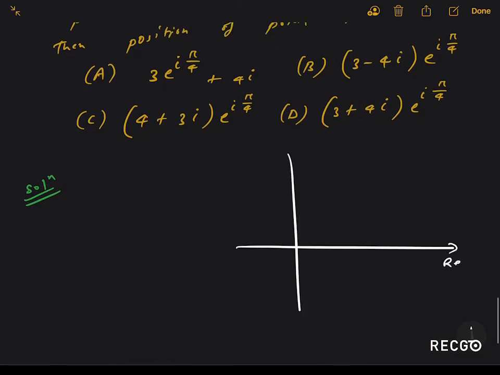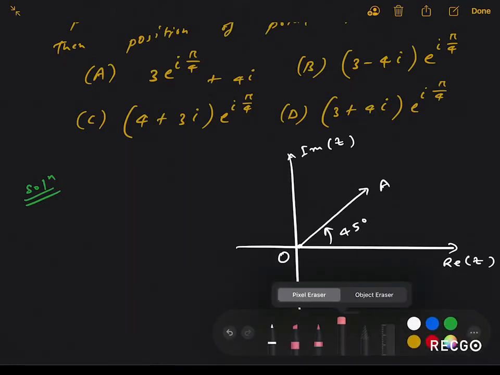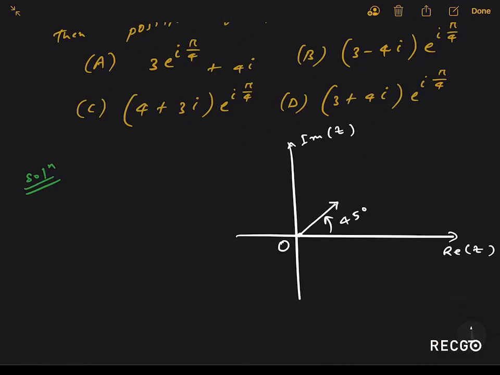Let's say this is the real axis and this is the imaginary axis. Since the man starts from the origin and walks 3 units towards north 45 degrees east, that is in a direction inclined at 45 degrees with the real axis, assuming the real axis represents the east direction and the imaginary axis represents the north direction, as we know already.